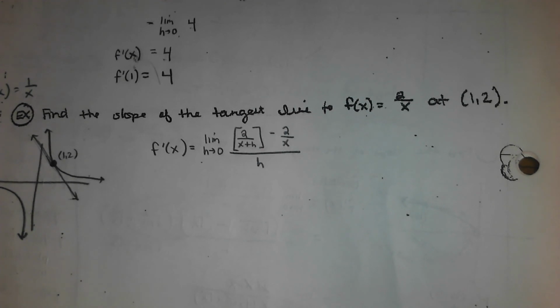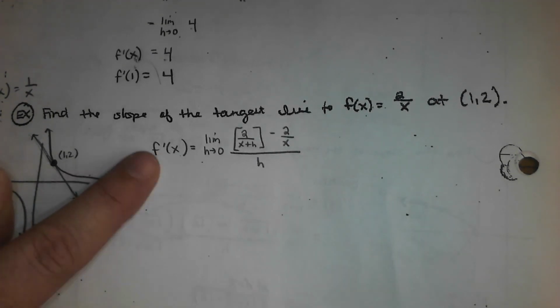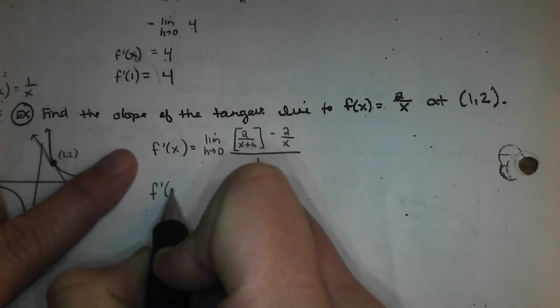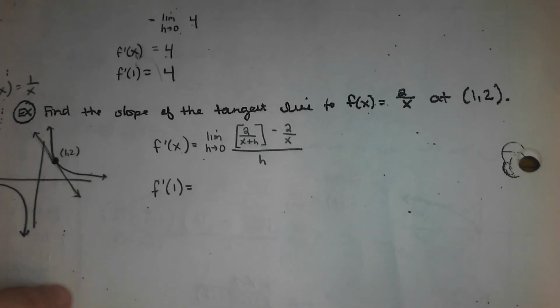I want to try something new on this because we have time. I can't remember if I'm getting ahead of myself and telling you more than I really wanted to this early on in the game. But what if we forget the f prime of x, forget getting the equation for the derivative, what if we jumped right into f prime of 1? Don't write this down for a second in case I have to erase it all.